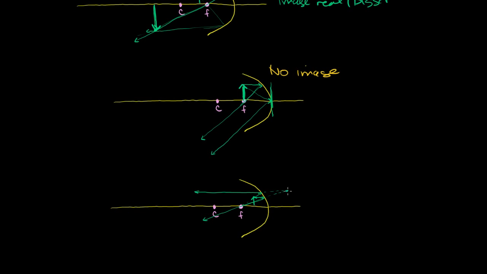So in this case, we are forming a virtual image. And the virtual image will actually look something like this. And so it'll be larger than the original virtual image. So it's kind of a magnifying mirror.